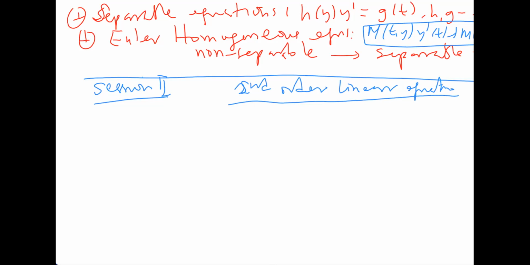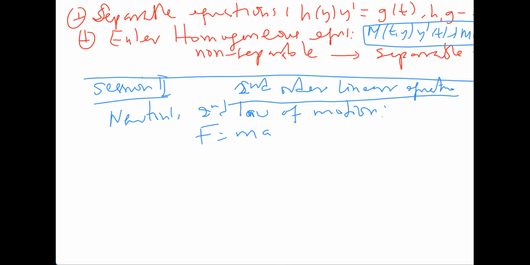A typical example for a second order linear equation is usually what they call Newton's second law of motion, where we say that the force is equal to mass times acceleration.